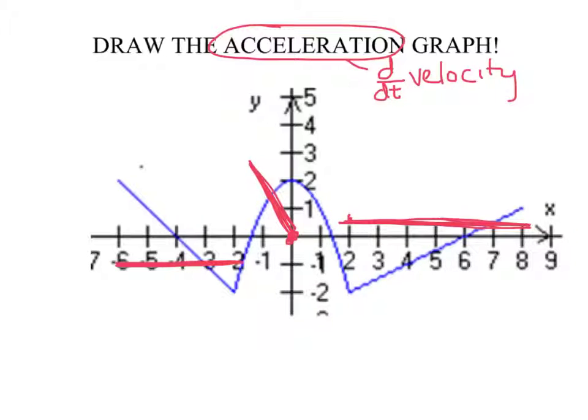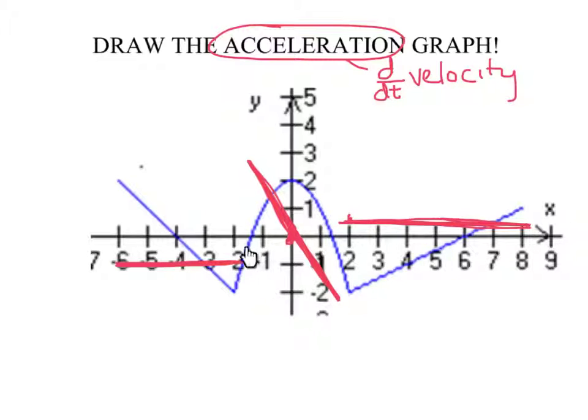On the other side, the slope is negative, so I have to have a negative derivative. How negative, how steep you make that isn't overly important, but you have to show that change, that it was positive and then negative, because the function went from positive slope to negative slope.